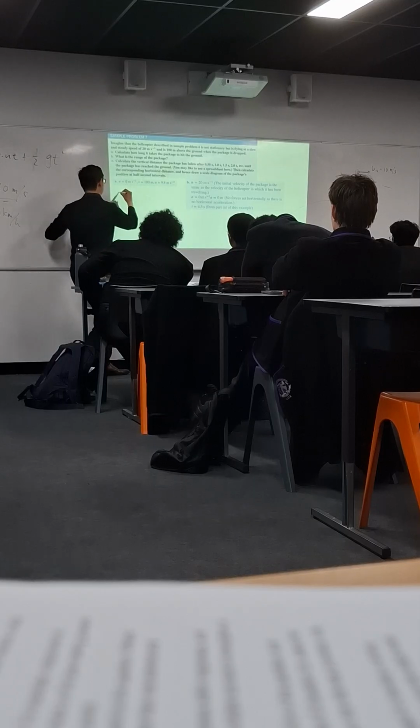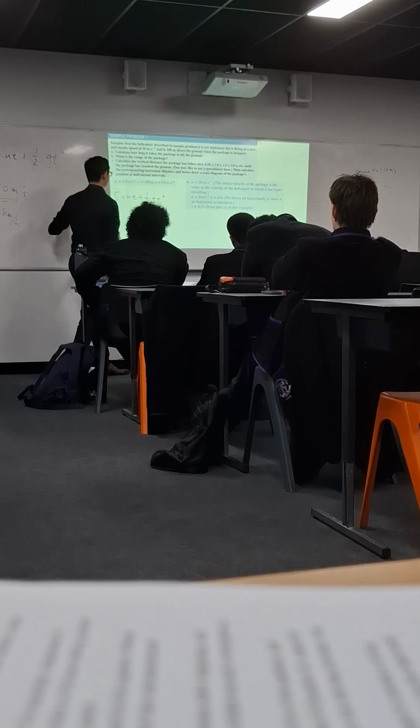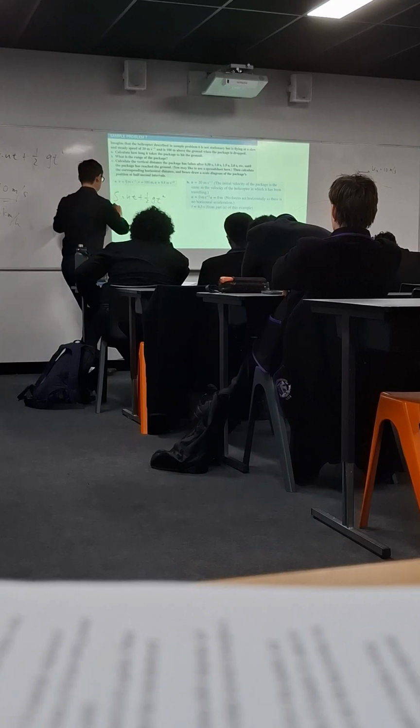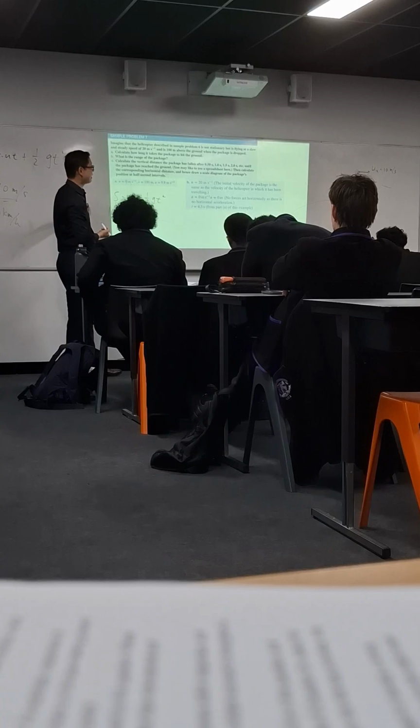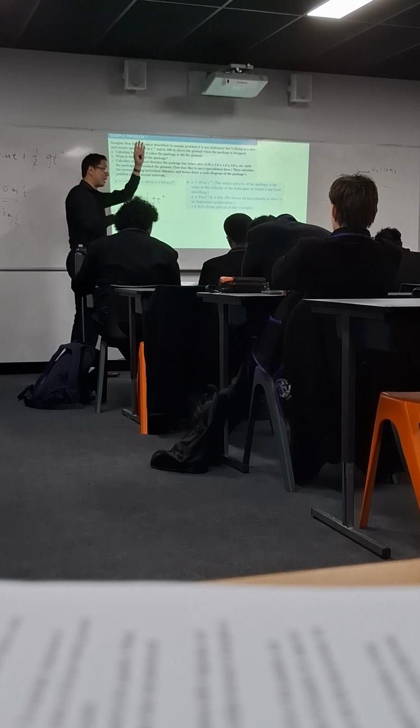Same formula, S equals ut plus half gt squared. What's S? 100 meters. What's U? Is U 10? Is U 20? No. This U is what? This U is a Uy.